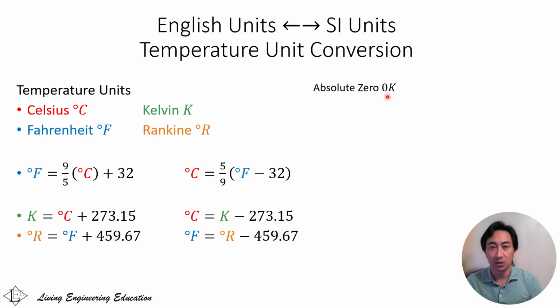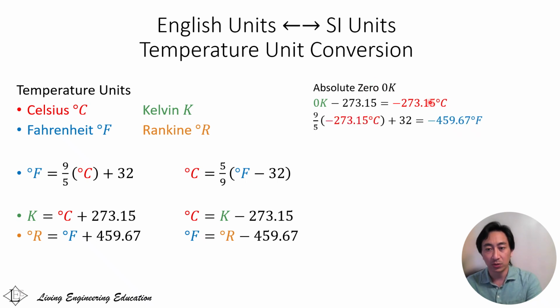This is why these are known as absolute temperatures. If I want to convert between Kelvin and Celsius, I'll go over here to my Celsius and it says plug in the Kelvin value and subtract 273.15 from it, right? So the Kelvin value is 0. So I have negative 273.15 degrees Celsius is absolute zero.